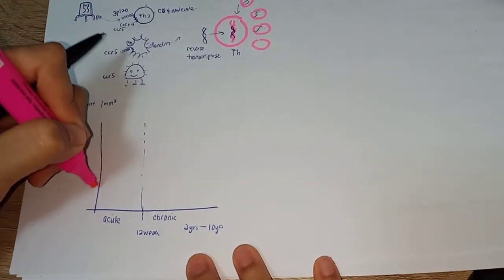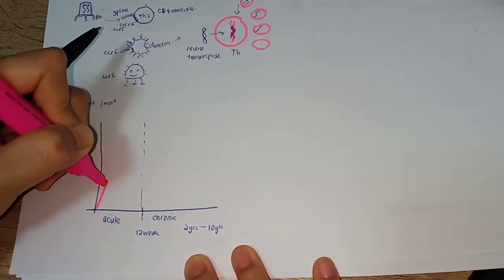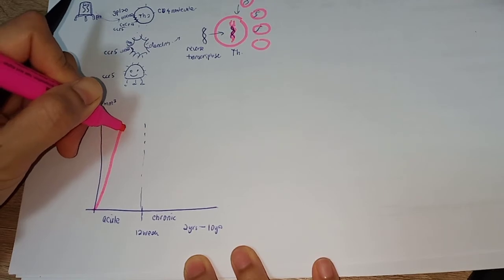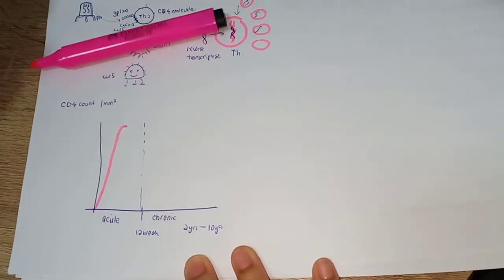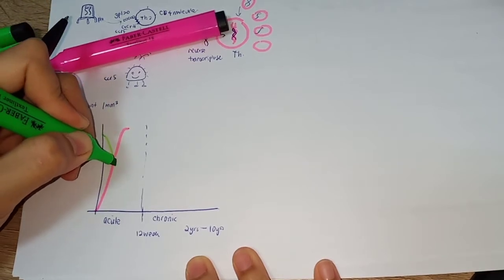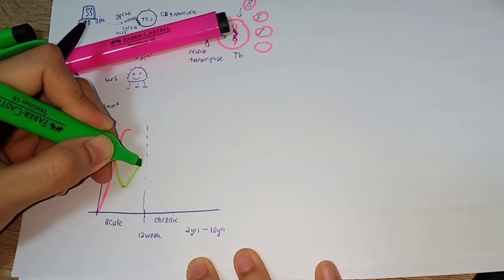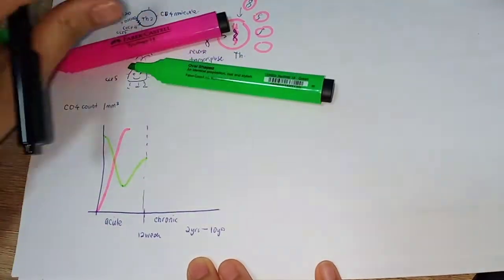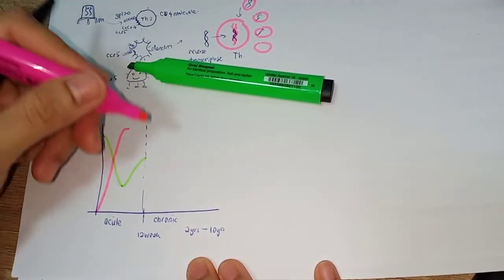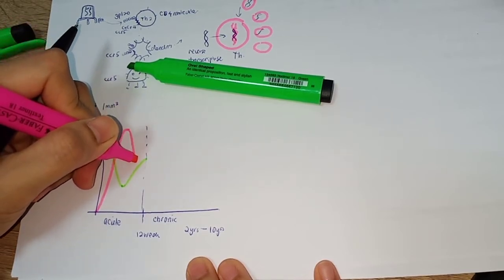Initially when it invades the host, the virus increases in number while the CD4 count slowly reduces. Then the body tries to combat the virus, so the CD4 count increases a bit and the virus starts to reduce.